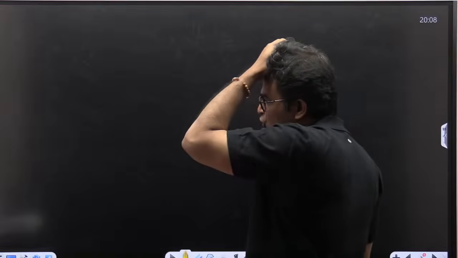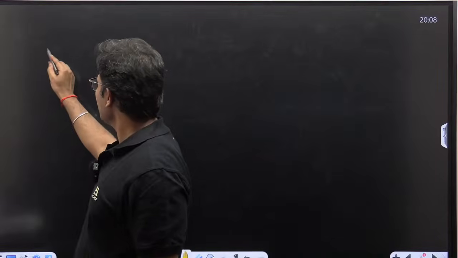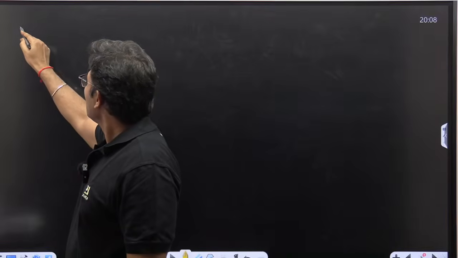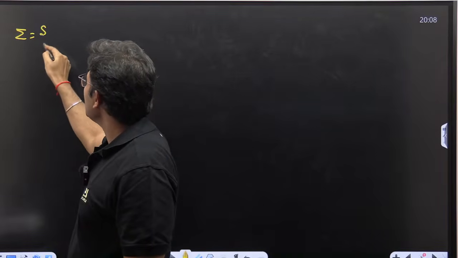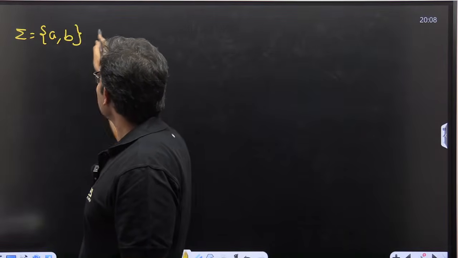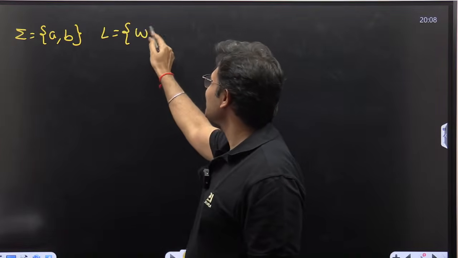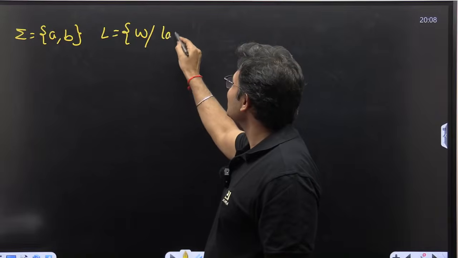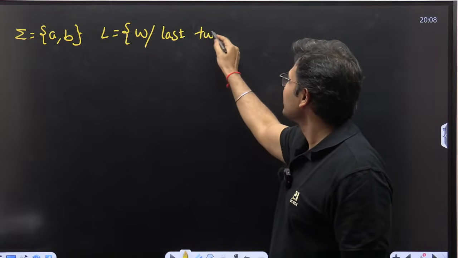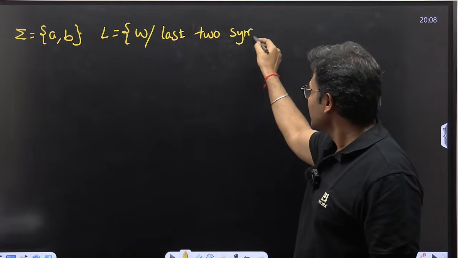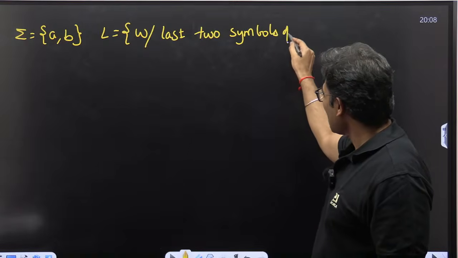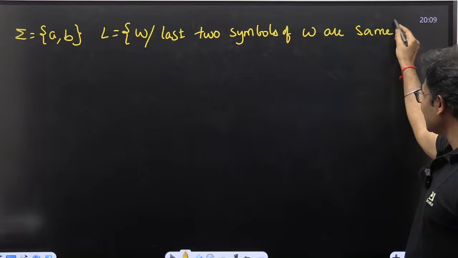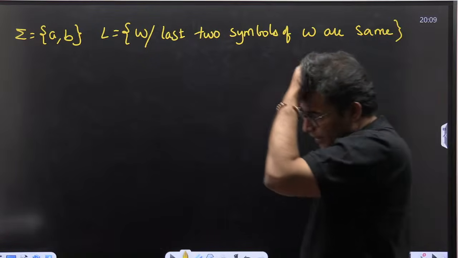So when I said last two symbols are same, sigma equal to {a, b}, and the language is the set of all strings w such that the last two symbols of w are the same, which means either ending with AA or ending with BB.